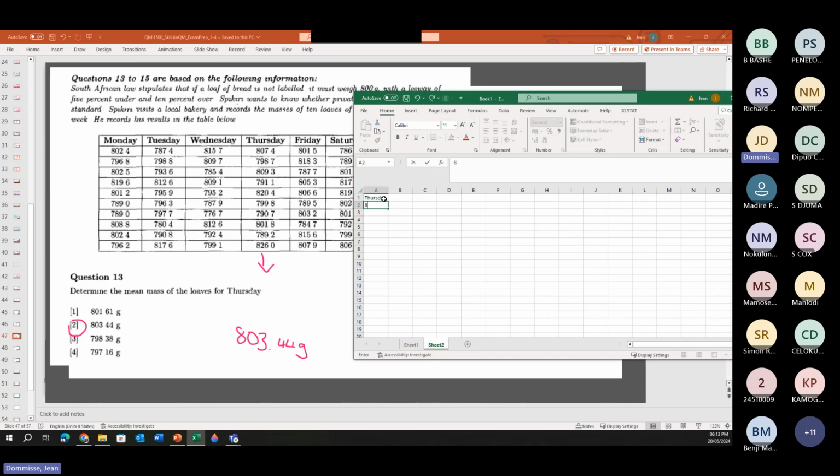So it was 807.4, 9.7, 809.3, because if they asked me to work out the standard deviation or something like that, this does become a very long question, which I then would have used Excel for.